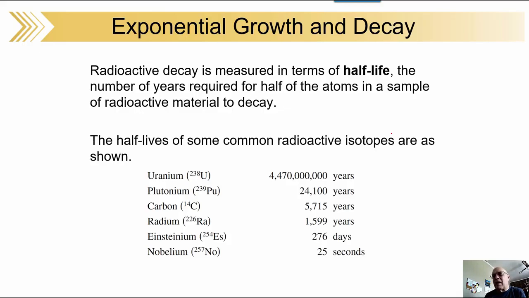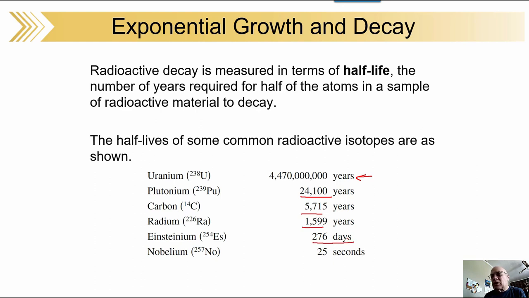Notice the half-lives. Up here, a long number of years. You're not going to wait until uranium-238 disappears, or half of it disappears. Or plutonium for that matter. That's a long time. Or that. Now einsteinium is a different story.